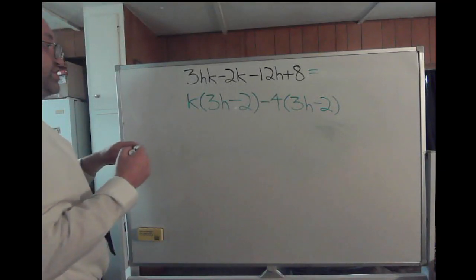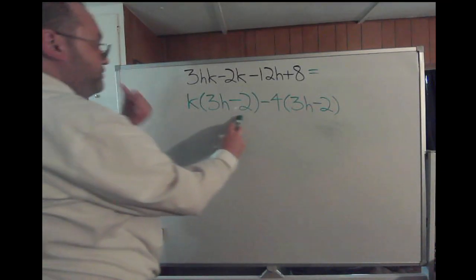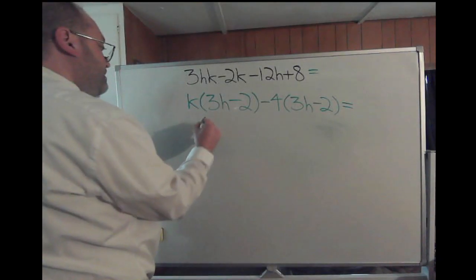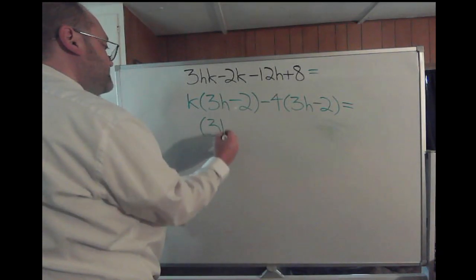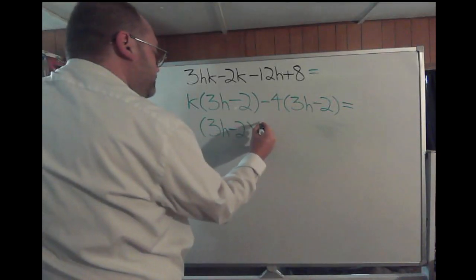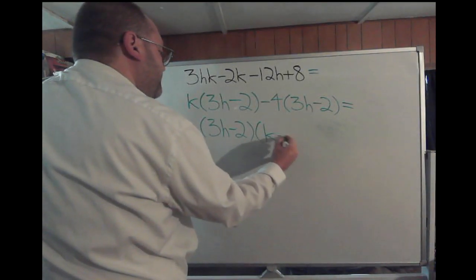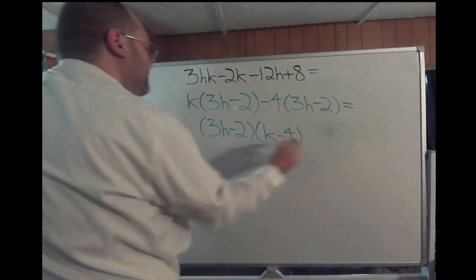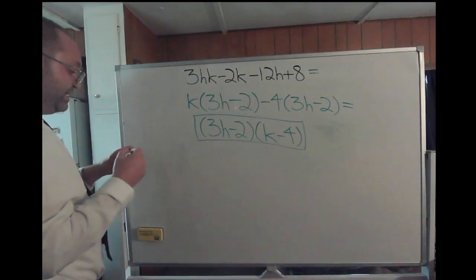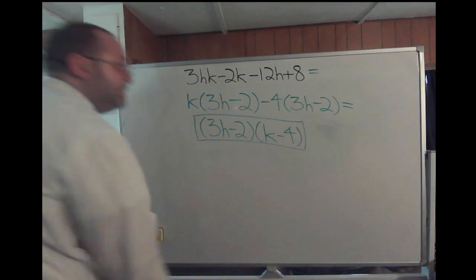So now you have two terms where you have a common 3h minus 2. Let's go ahead and factor that out. Factor out your 3h minus 2. That just leaves you with k minus 4 for your second factor. So the factorization of this would be 3h minus 2 times the quantity of k minus 4.